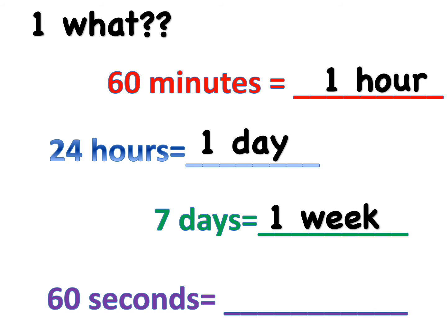And 60 seconds equals 1 minute. Good. Those are just some math facts that you should really have memorized, boys and girls. So if you didn't know them, come back and do this again and see if you remember them.